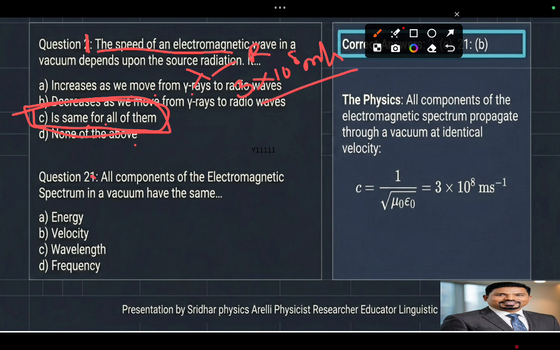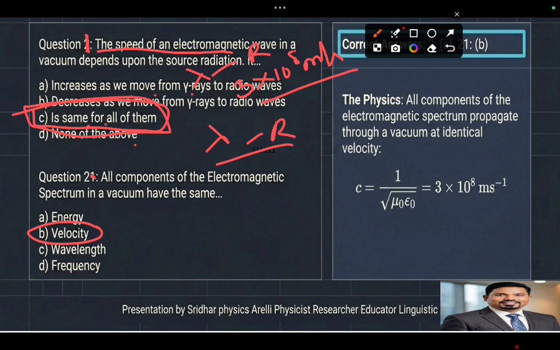Question number 2. All components of the electromagnetic spectrum in vacuum have the same speed. As I discussed, gamma to radio waves travel with the speed of light, that is 3 times 10 to the power of 8 meters per second. The components such as gamma, X-rays, UV, visible, infrared, micro and radio waves have the same velocity.